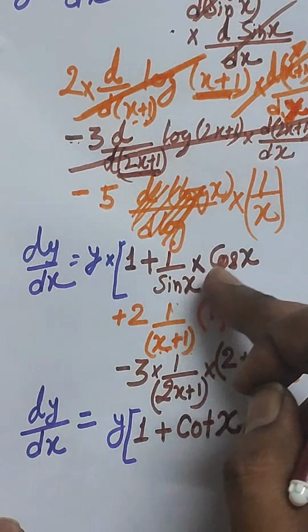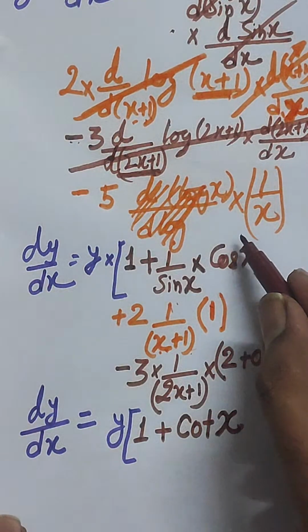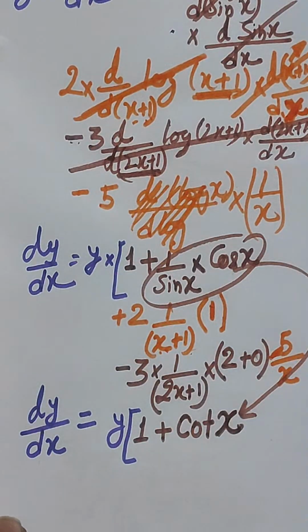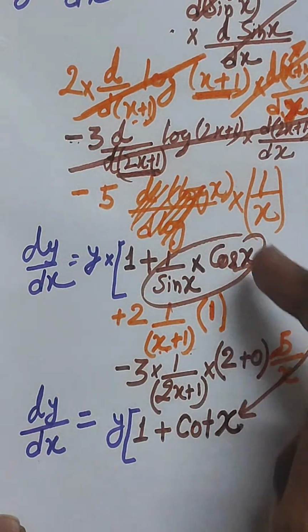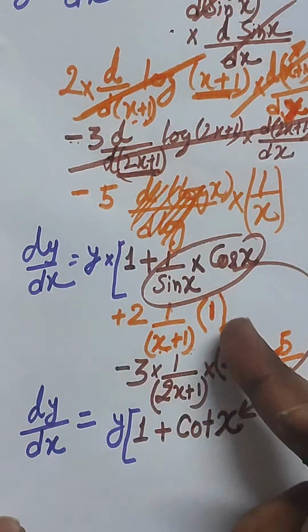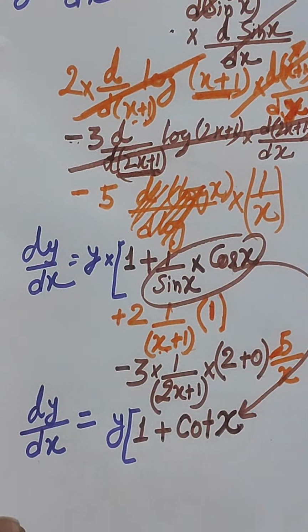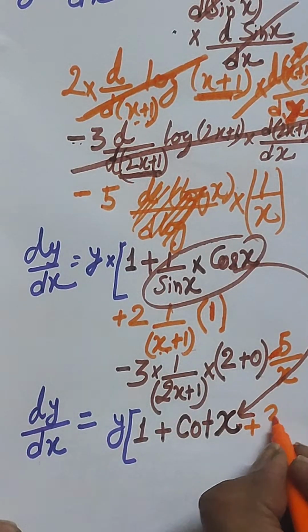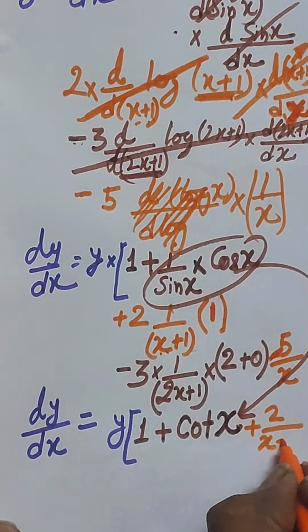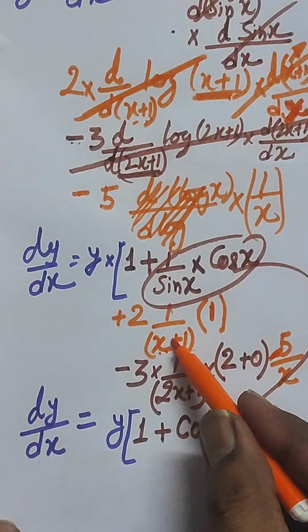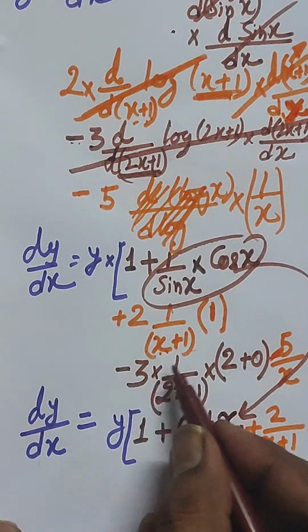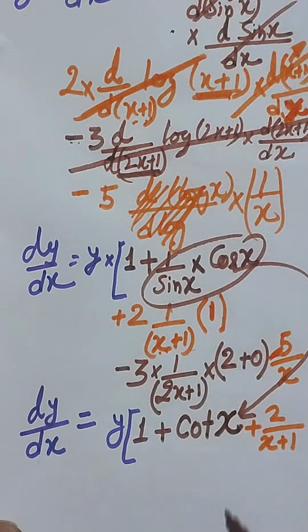This is cot x, cos x by sin x, plus 2 by x plus 1, this term. Then again the third term, minus 3 into 2.